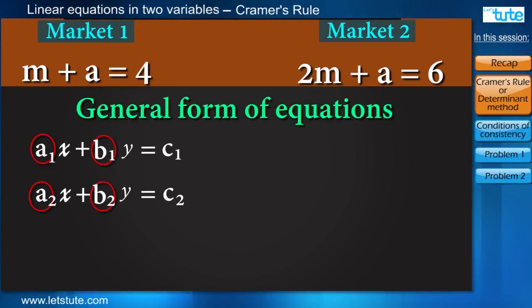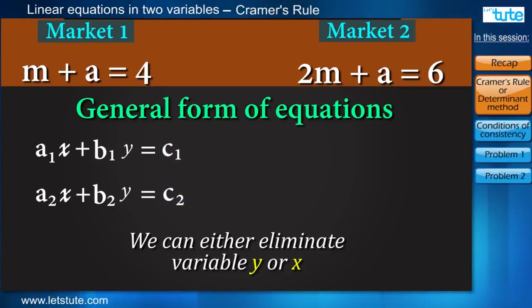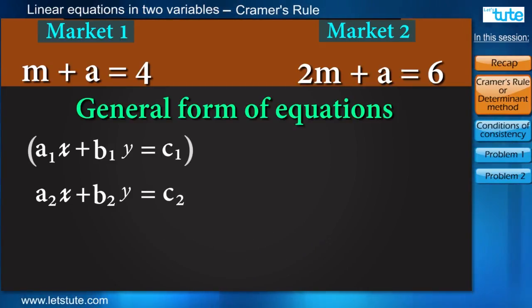Now here, a1, b1 and a2, b2 are the coefficients, and c1, c2 are the constants. He eliminated the variable y by making its coefficients equal. For example, if we multiply the first equation by b2 and the second equation by b1, we will get.